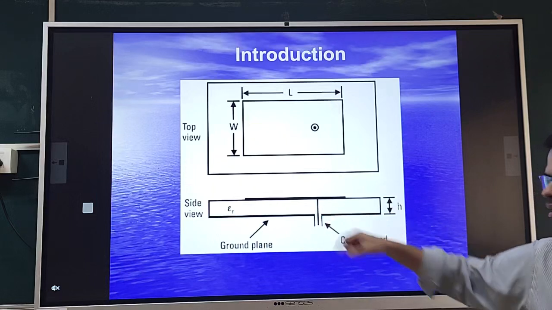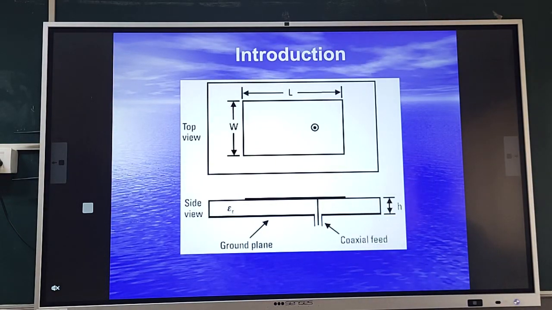Then the next part is the substrate. Remember, a microstrip antenna is fabricated onto the substrate, or onto the printed circuit board. Now the choice of that substrate is very critical for the design features or the antenna parameters which you obtain.